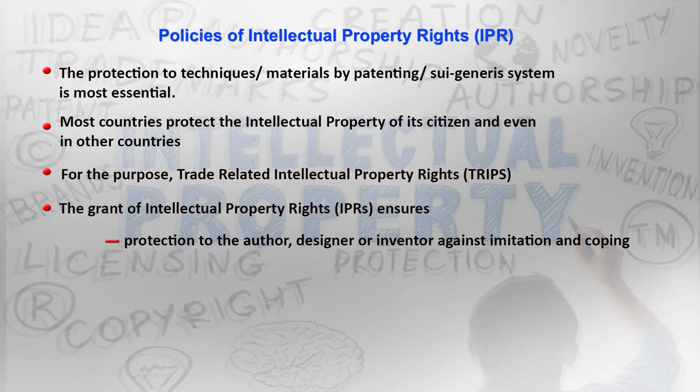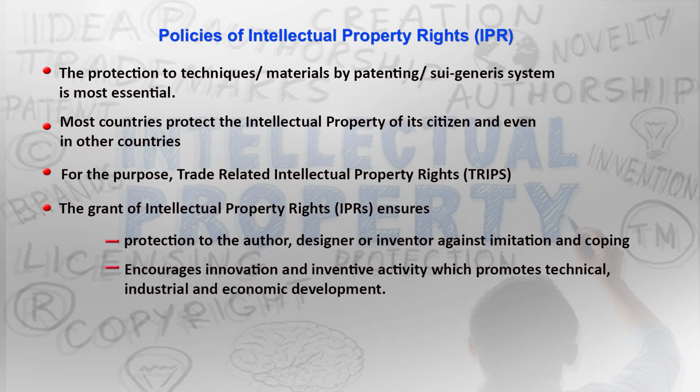So no one else can use or copy it. Those rights are provided through intellectual property rights, and basically it encourages innovations and inventive techniques which promote technical, industrial and economic development in the countries, by those companies or by those individuals.